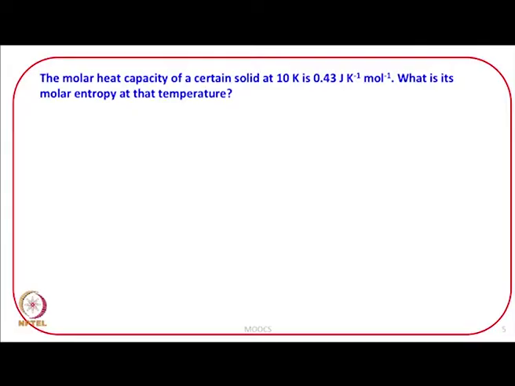Let us apply the various concepts that we have developed so far in solving some numerical problems. The molar heat capacity of a certain solid at 10 Kelvin is 0.43 joules per Kelvin per mole. What is the molar entropy at that temperature?